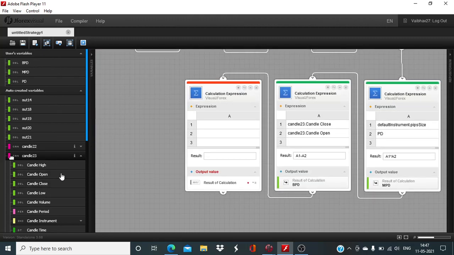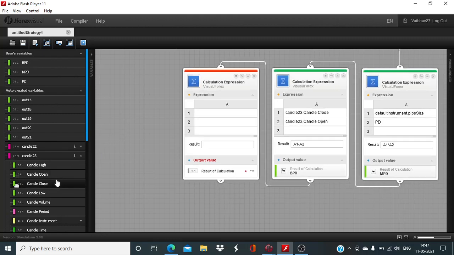In this case also we have to look at the difference, but in an inverted manner. As its closing price is going to be lower, we are going to subtract the closing price from the opening price. A1 minus A2.